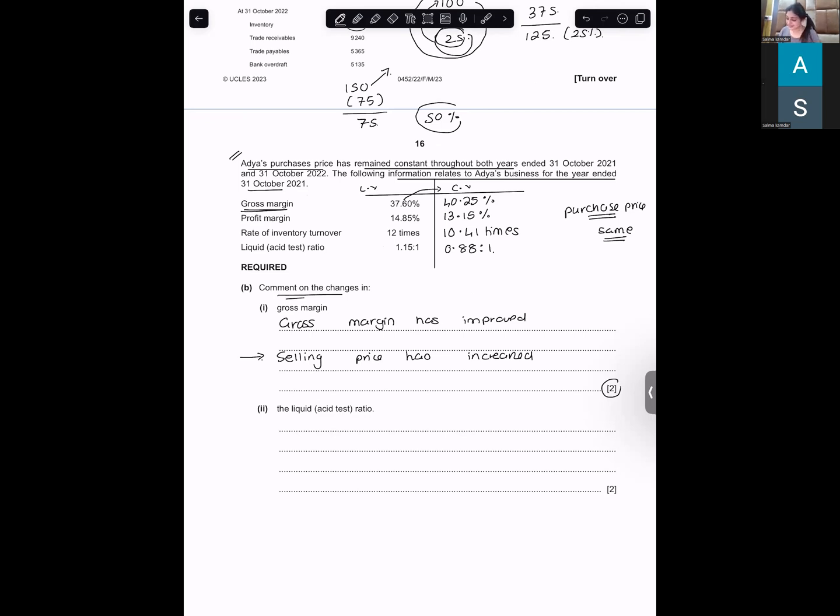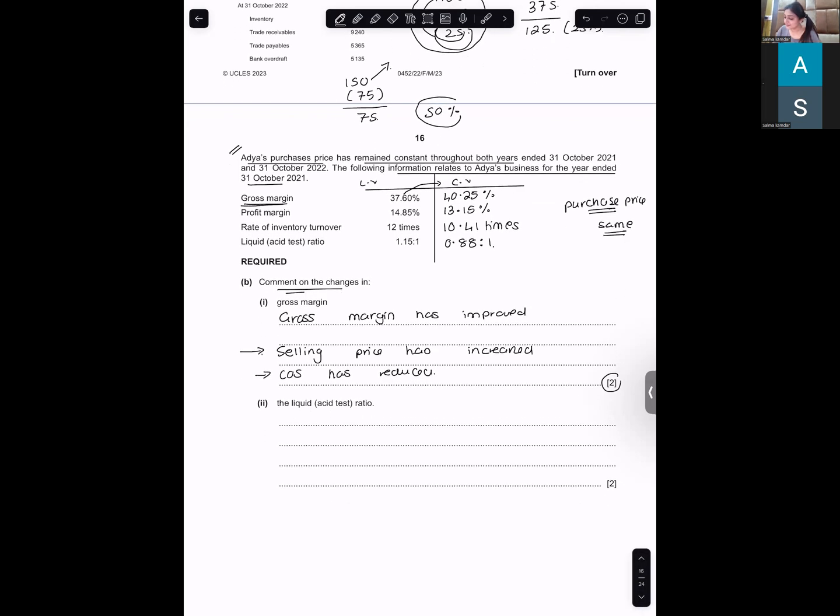Selling price has increased and cost of sales has reduced. This is another reason why the gross profit improves. But here they are telling us that the purchase price is the same. So you cannot write this reason, cost of sales has reduced.